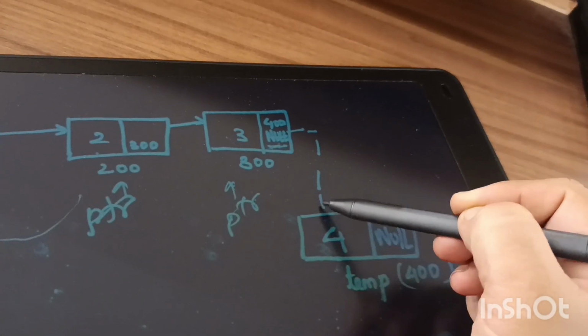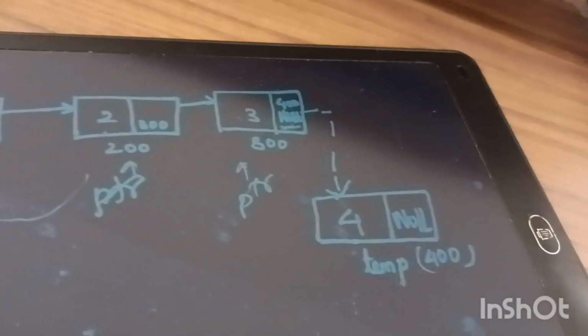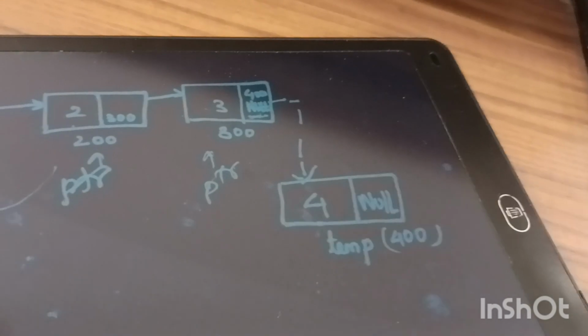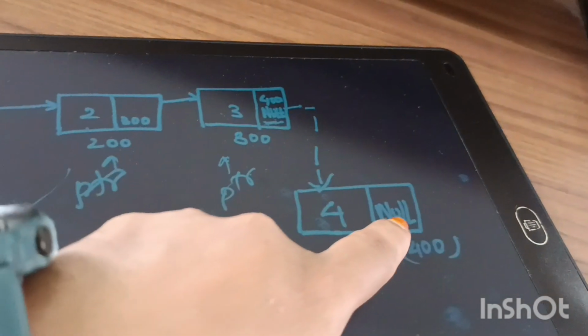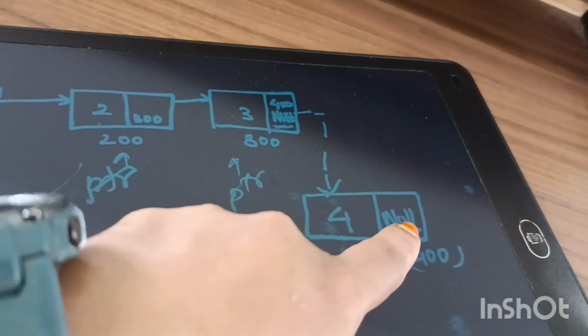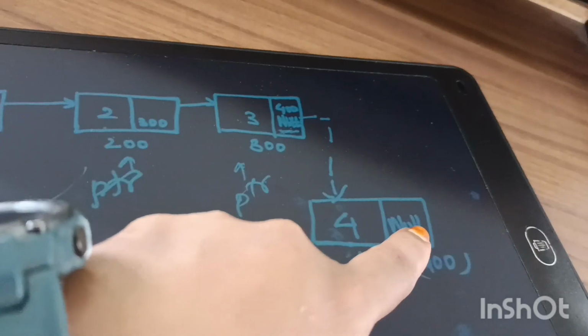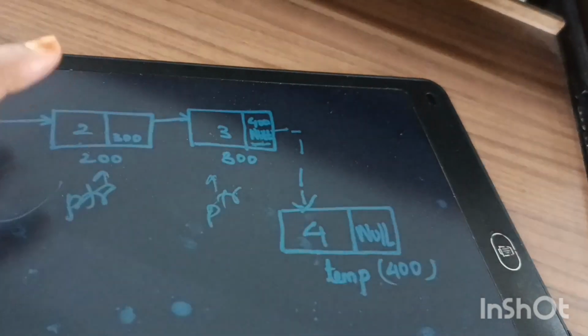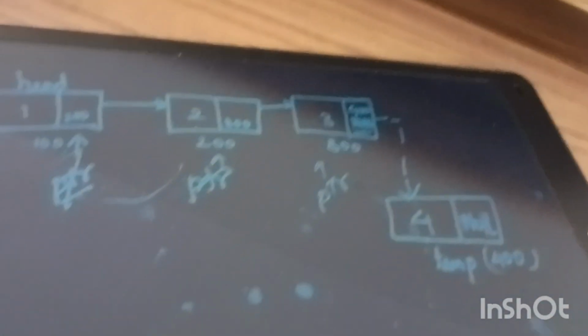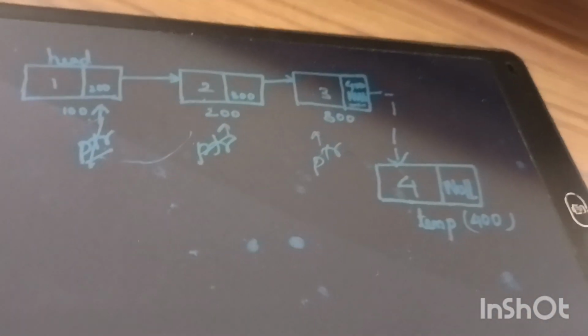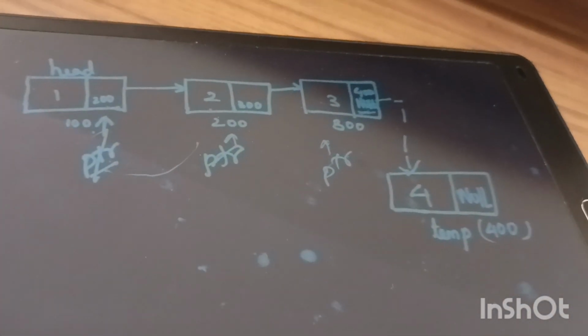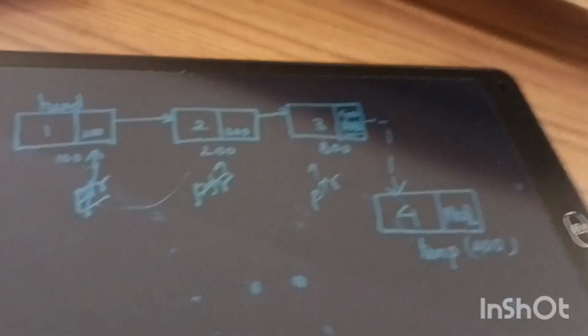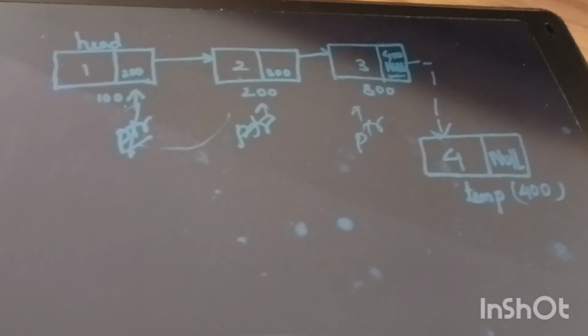It will create a link here. Just this I have to do. As usual, it is null here, so no need of doing this. So this is how we are going to do it. Through this we can achieve our operation of inserting a node at the end of the linked list.